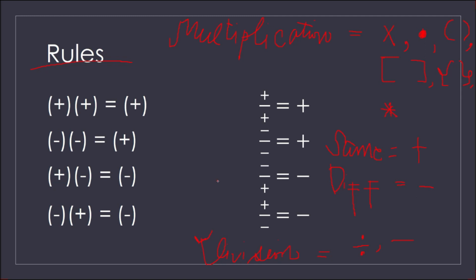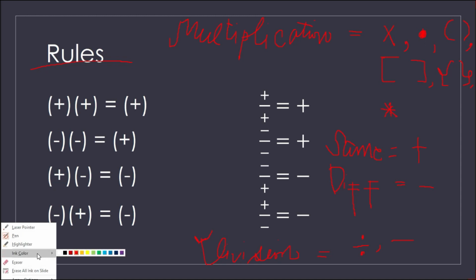Alright? So always remember that. That's the shortcut. Multiplying same-sign integers gives a positive. Multiplying or dividing different-sign integers gives a negative. Right? Let's start solving now.